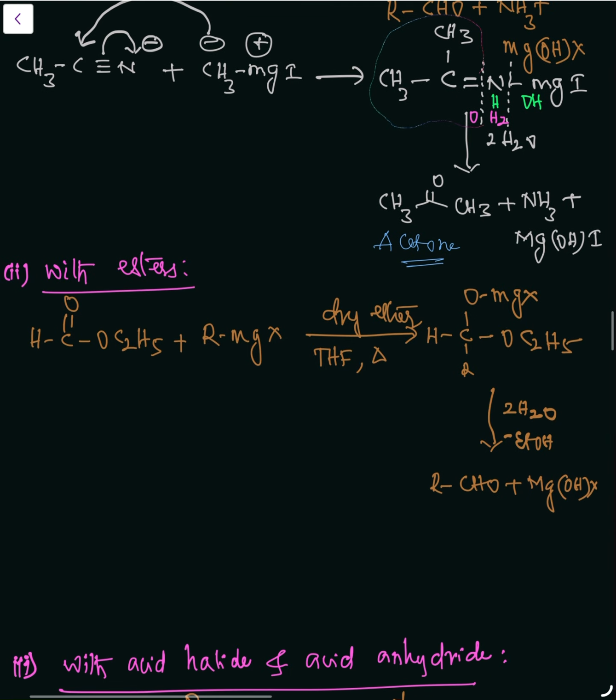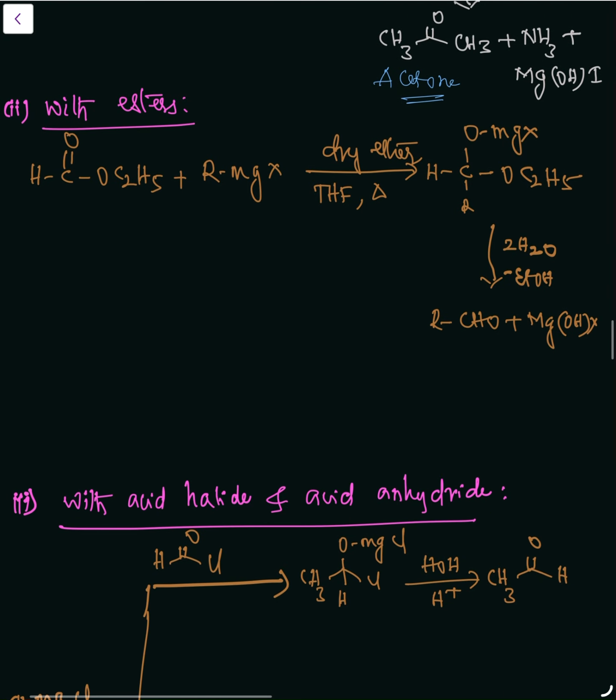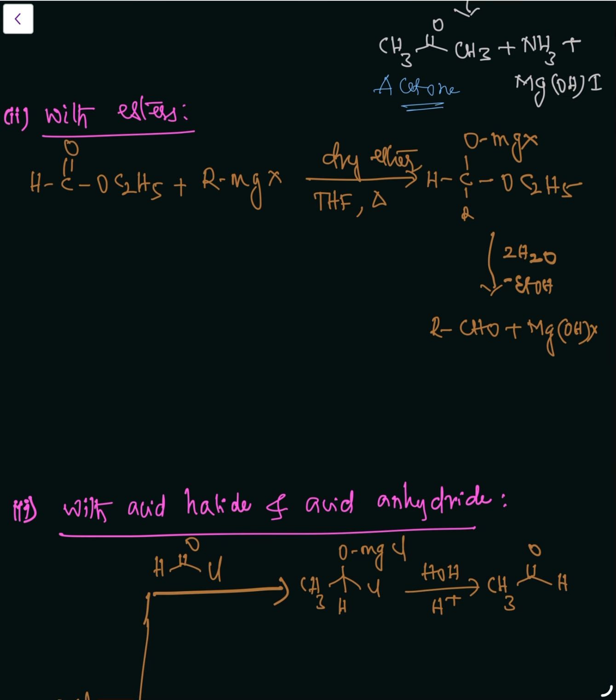Now with esters. Here I have taken ethyl formate. When it reacts with Grignard reagent in the presence of dry ether, an intermediate is formed. This undergoes hydrolysis the same way, then we get carbonyl compounds, that is, aldehyde is the product in this.